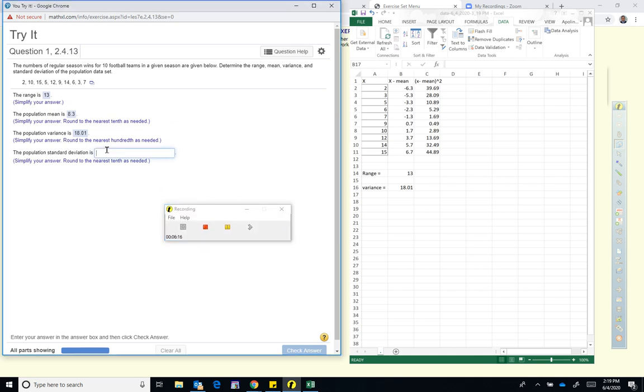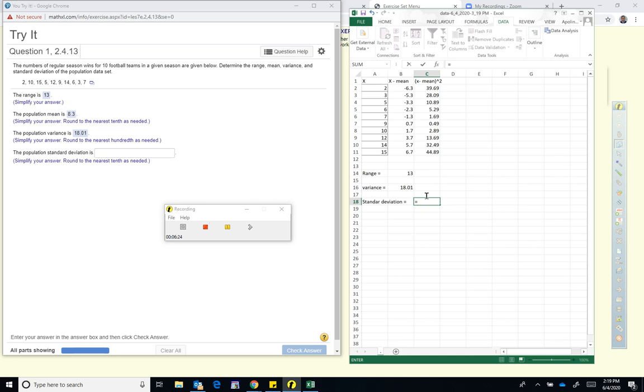The standard deviation is just the square root of the variance. So we need to take the square root of 18.01. So standard deviation equals to, and the answer is, I need to take the square root of 18.01.